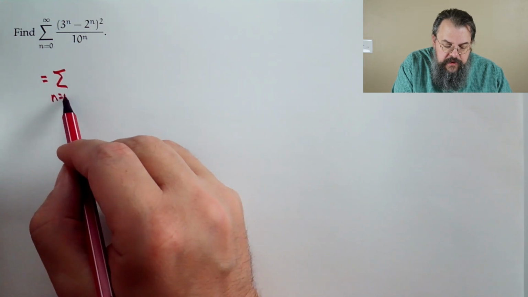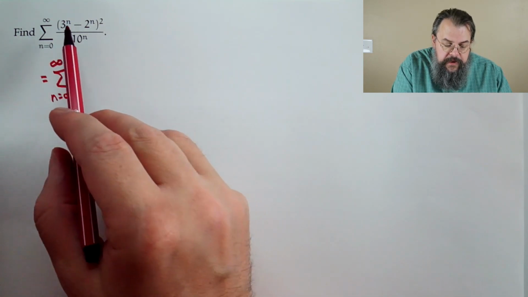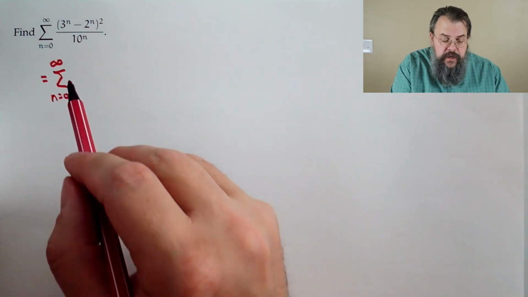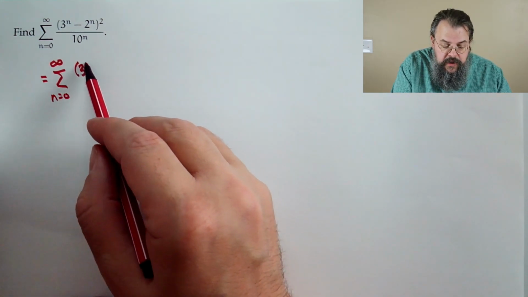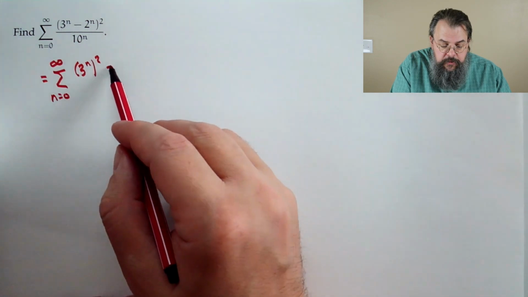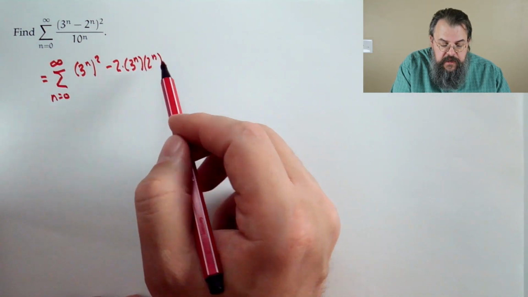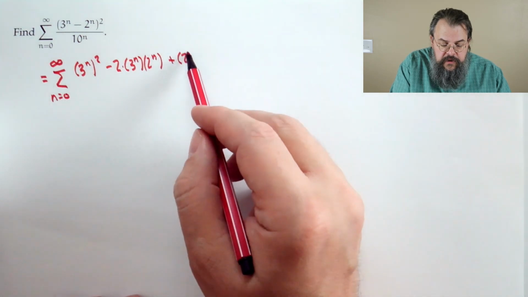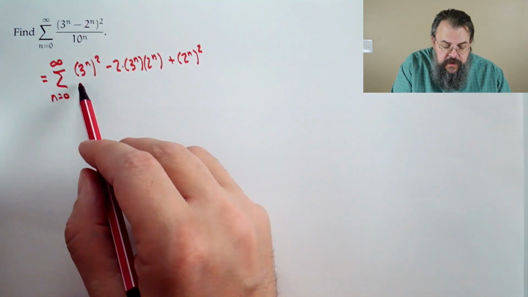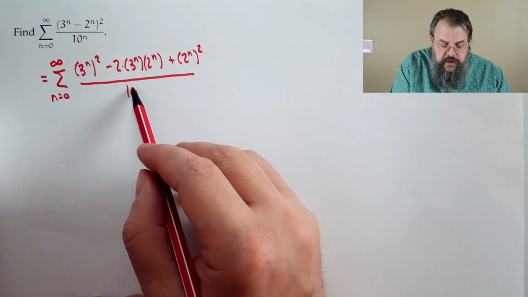So we can think of this sum, n equals 0 to infinity. If we square the top, that would be (3^n) squared minus 2 times 3^n times 2^n, plus (2^n) squared, all over 10 to the power n.